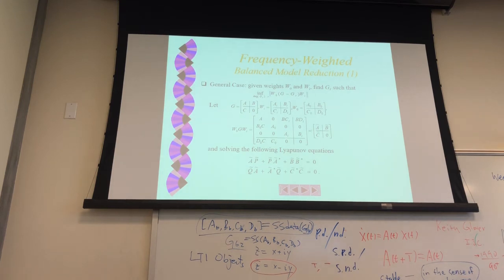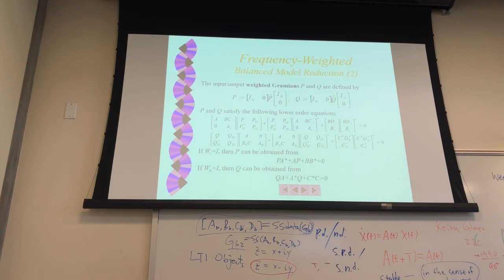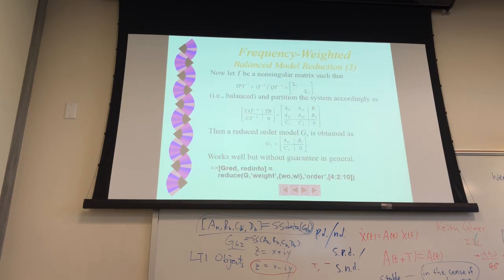So you put frequency weighted, it's called frequency weighted, then you do the truncation. So how do you do that? There are systematic ways to do it. You do a state space realization, you do this Lyapunov function, you do this weighted gramians P and Q in the new weighted system. You do the same procedure in the end.